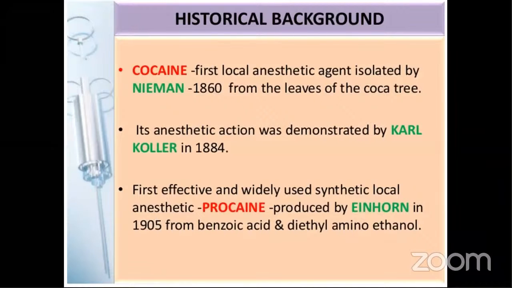The same thing is given here: it is a local anesthetic agent isolated by Niemann in 1860 from the leaves of the coca tree. It was demonstrated by Carl Koller in 1884. After so many years, they found that it is an anesthetic drug and it was demonstrated by the scientist.